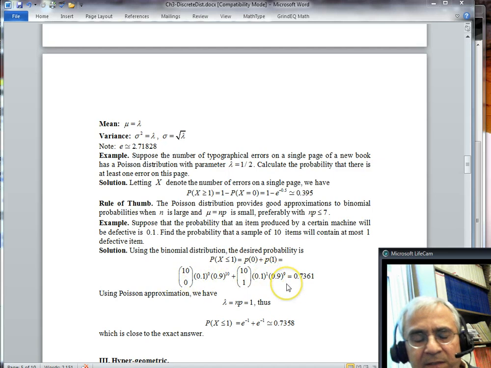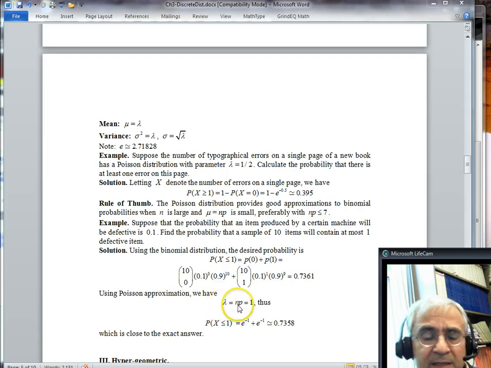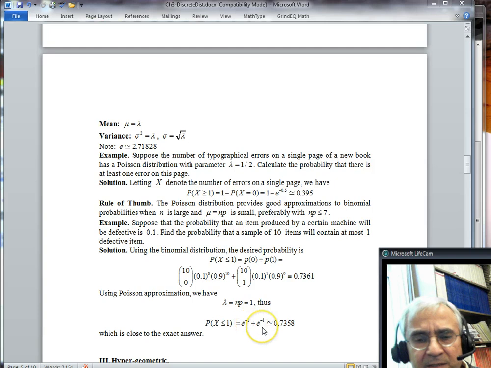Do your computations using your calculator, simplify, and you'll get 0.7361. Now, using the Poisson approximation, since np is the mean, that's going to be lambda, because lambda is our mean, and that's going to be 1. So let's compute P of X less than or equal to 1, which again will be P0 plus P1, and that will turn out to be e to the minus 1 plus e to the minus 1, and you add them up, and that will be 0.7358, which is very close to this answer.